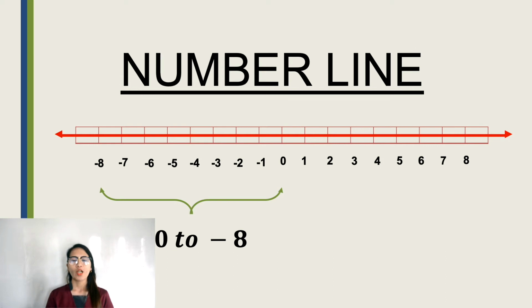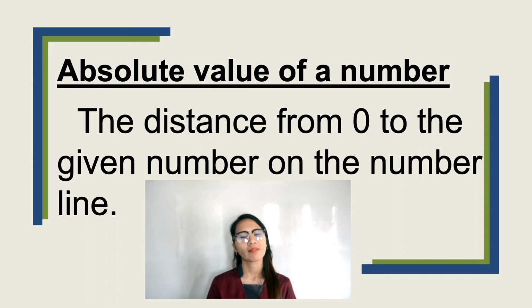So remember, we define the absolute value of a number in terms of distance. But what is absolute value? Absolute value of a number is the distance from 0 to a given number on the number line. If you see a number or a numerical expression enclosed with two bars, it denotes absolute value.